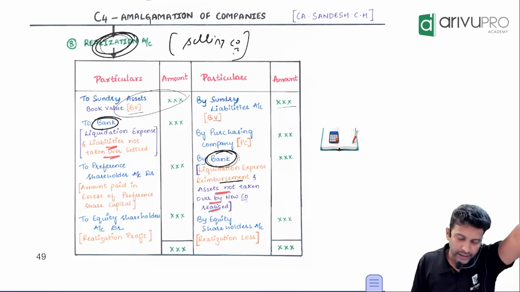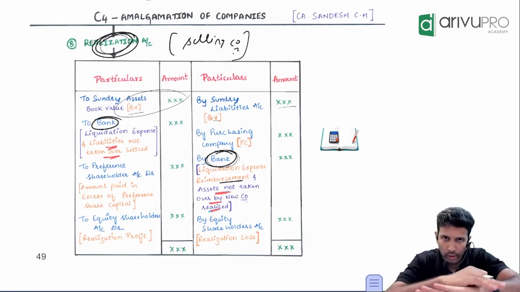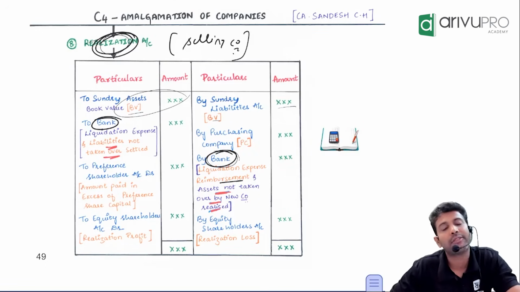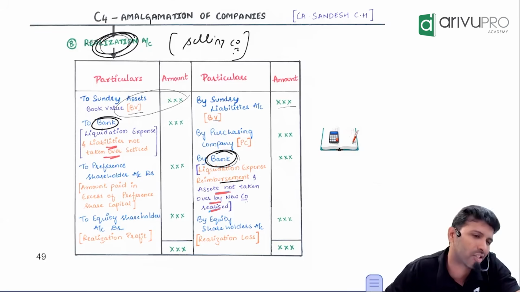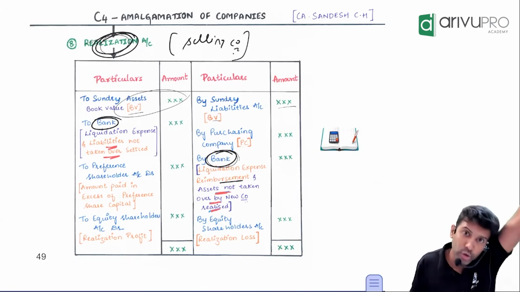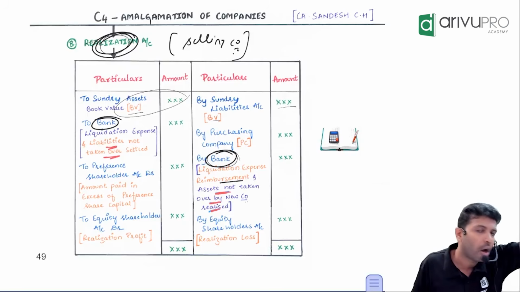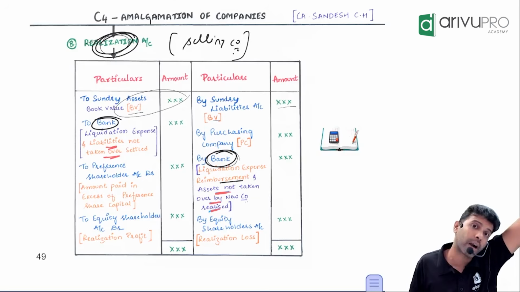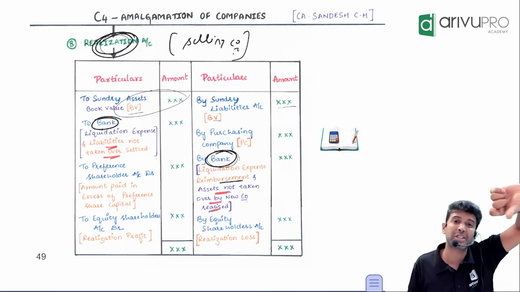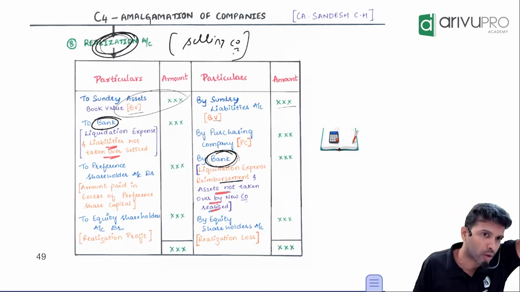Now, the intention of preparing the realization account is, one, to close down ledgers and, finally, to know whether the selling company made a profit or a loss. That only we call realization profit or realization loss. In your partnership accounts we used to prepare realization profit or loss, and you used to transfer it to the partners' capital account or current account depending on the method.